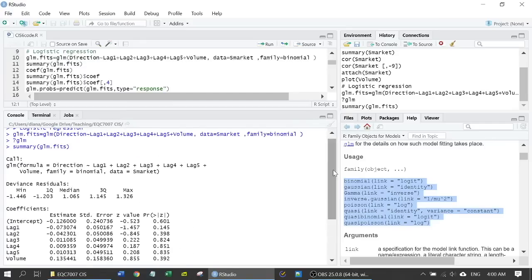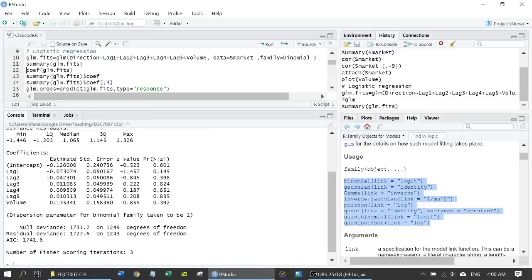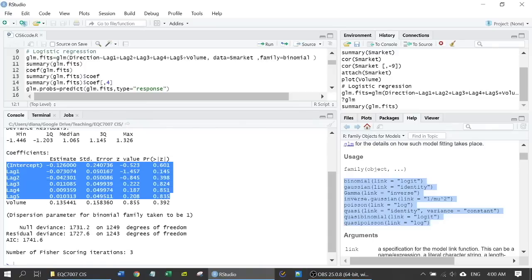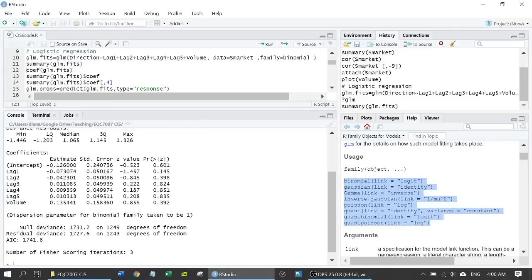So this is the coefficient estimates. We have the coefficient estimates for the intercept, Lag1 until Lag5, and also Volume.